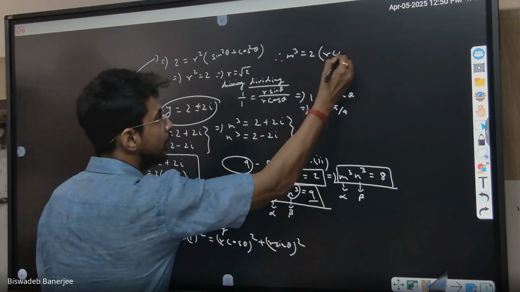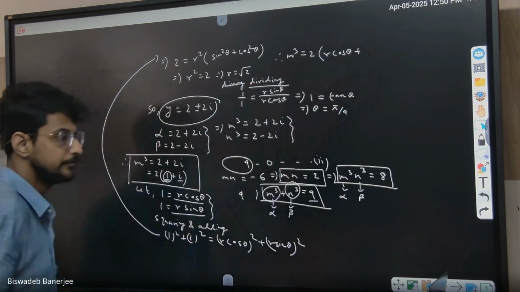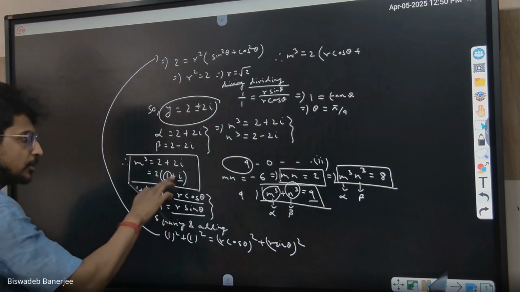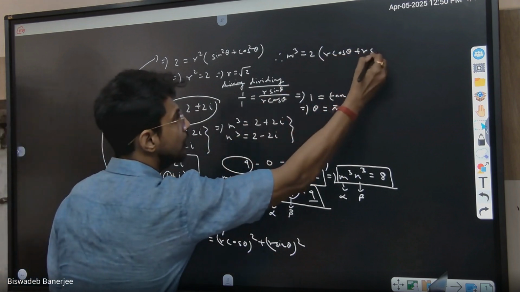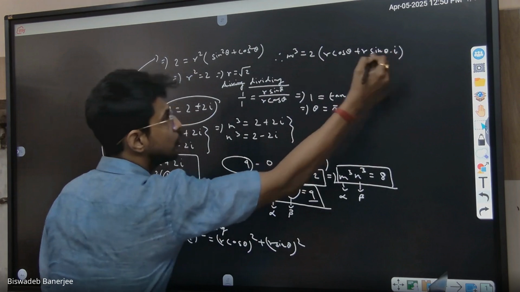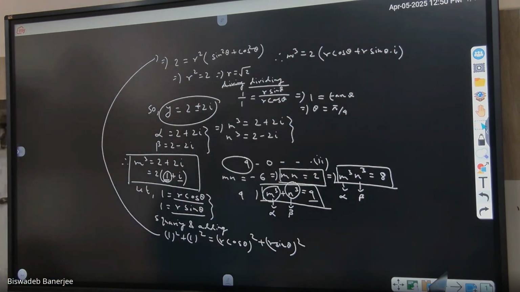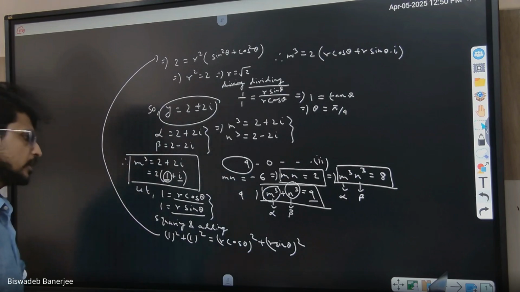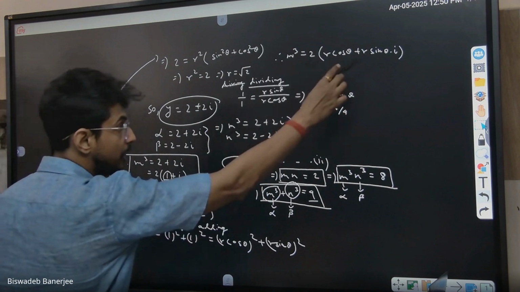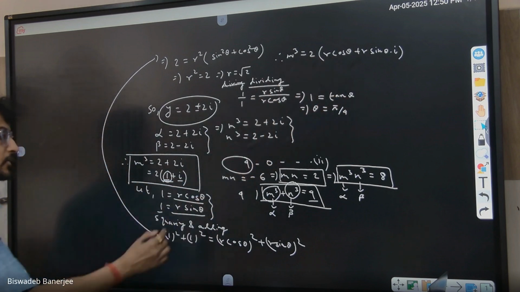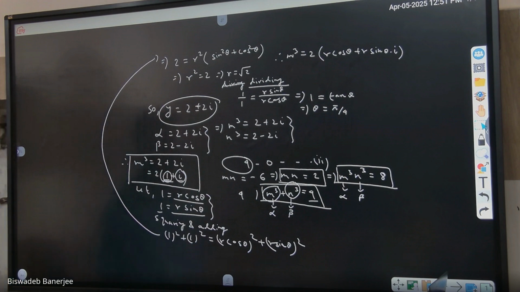My real part is r cos theta, and my imaginary part, meaning the coefficient of i, is r sin theta into i. We are just substituting their values. My real part is r cos theta and my imaginary part is r sin theta. This i remains as it is.